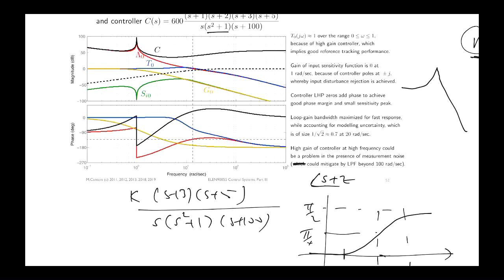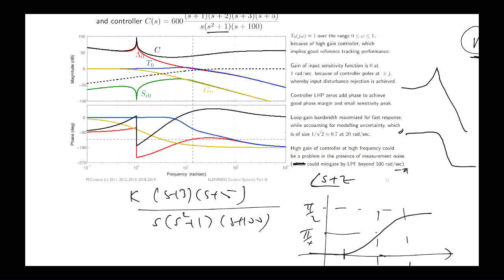But the phase of this is such that it starts at 0 and it quickly changes to minus pi. And so what it does to the phase of the loop transfer function, which starts at minus pi on 2 because of the pole at the origin, is kick it down below minus 180.